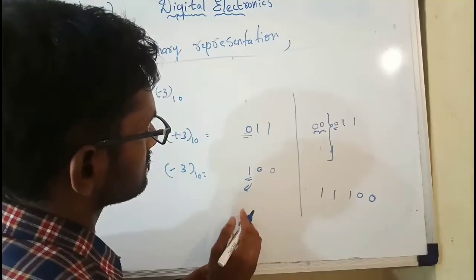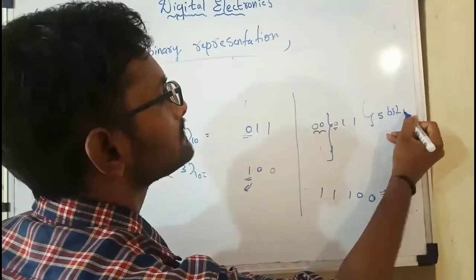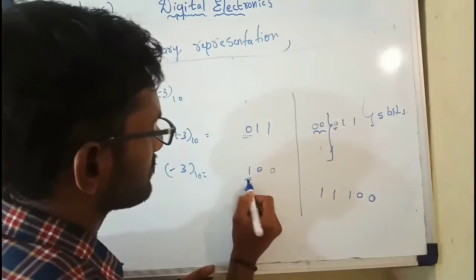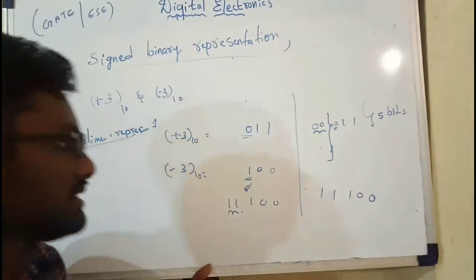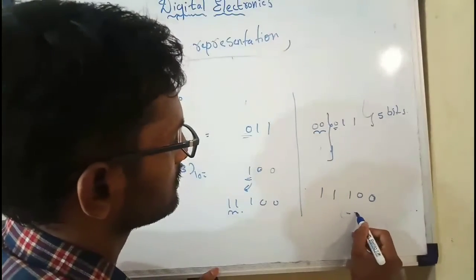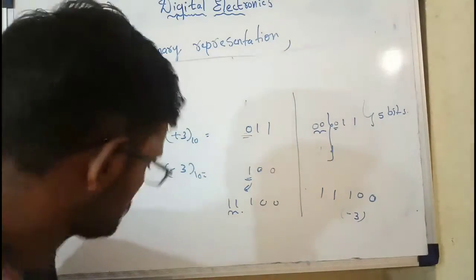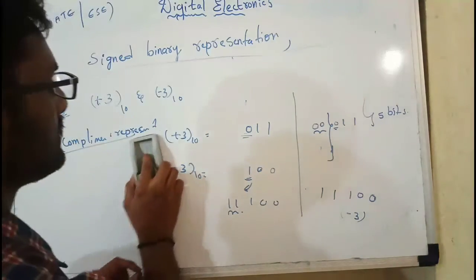For sign extension to 5 bits, there are only 2 bits here, so for the remaining 2 bits I add the same sign bits, 1, 1. These two are the added bits. Here I am getting the same representations: this is minus 3 and this also is the same. That means in 1's complement also sign extension is possible. In sign magnitude representation, sign extension is not possible.